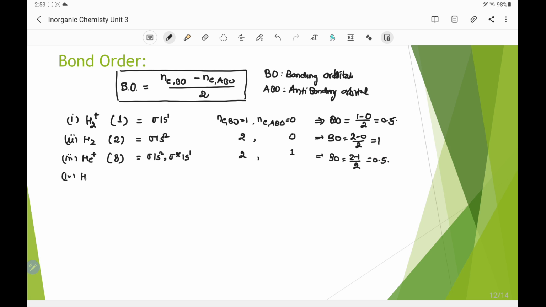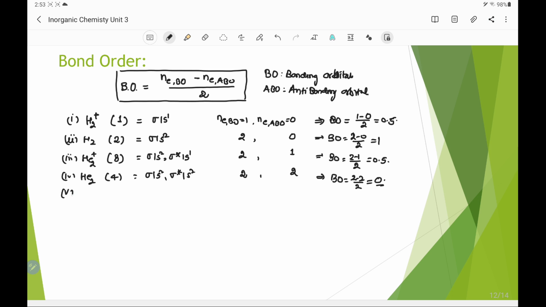Fourth is say helium, He2. It has 4 electrons. Configuration is sigma 1s2, sigma star 1s2, so the bonding orbitals have 2 electrons, the anti-bonding orbitals have 2, and we can say bond order is equal to 2 minus 2 by 2, that means 0. We can say this He2 will not exist because there is no bonding.